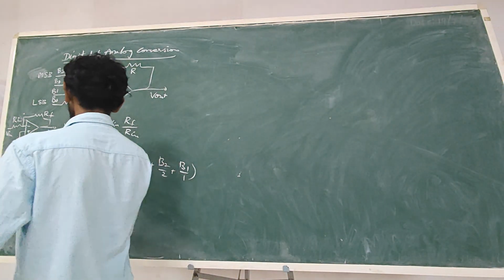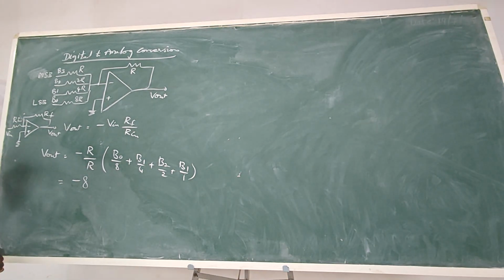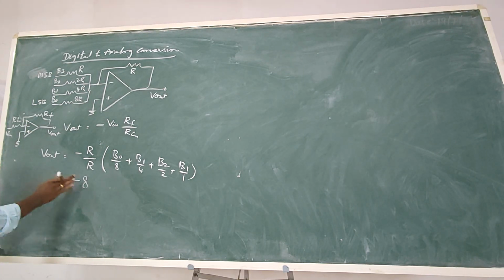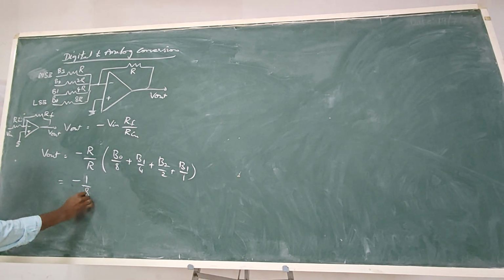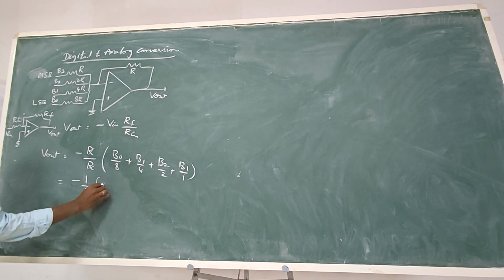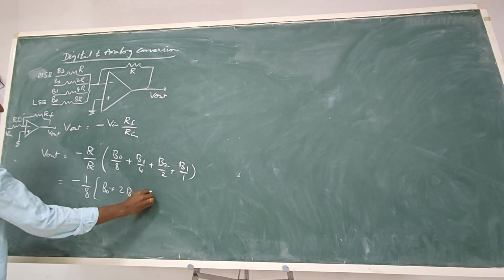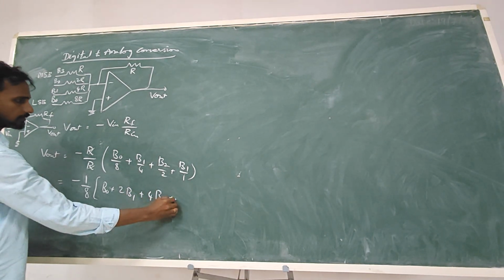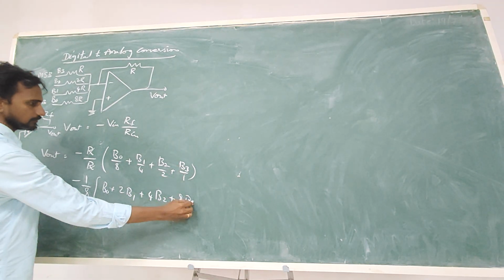So if I multiply by 8, or take V0 by 8R in common, I will be left with B0 plus 2 times B1 plus 4 times B2 plus 8 times B3.